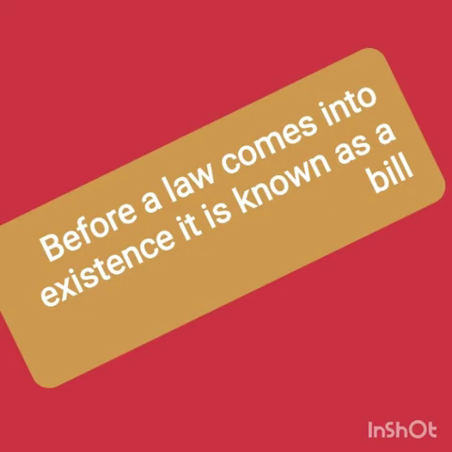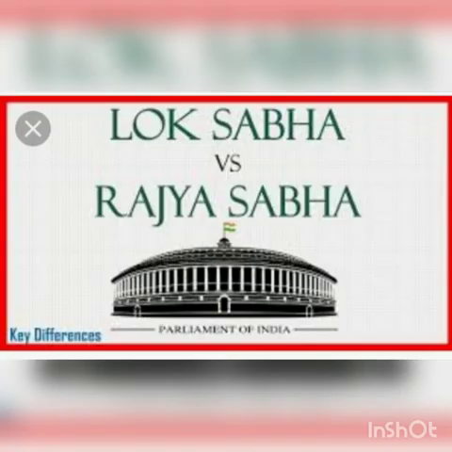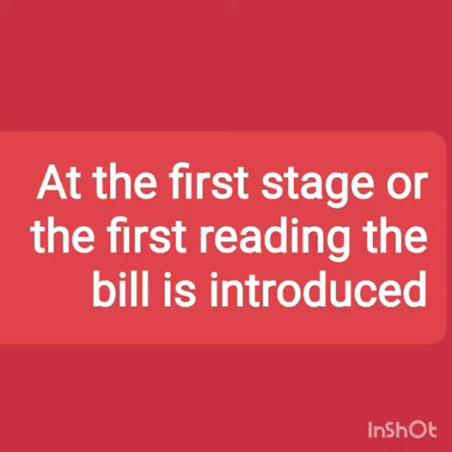When the bill is first introduced in any one of the houses, that is either in the Lok Sabha or in the Rajya Sabha, it goes through the first reading of the bill, which is also known as the first stage of the bill.